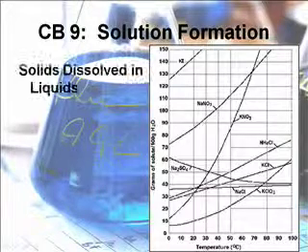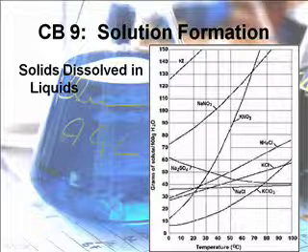Now, guess what? There's also a function of temperature. So if you are trying to dissolve something, there is an issue with temperature. Okay. So if you have warm water versus cold water, some things will dissolve better. So here we have a solid dissolved in a liquid. In particular, this graph is the liquid water.